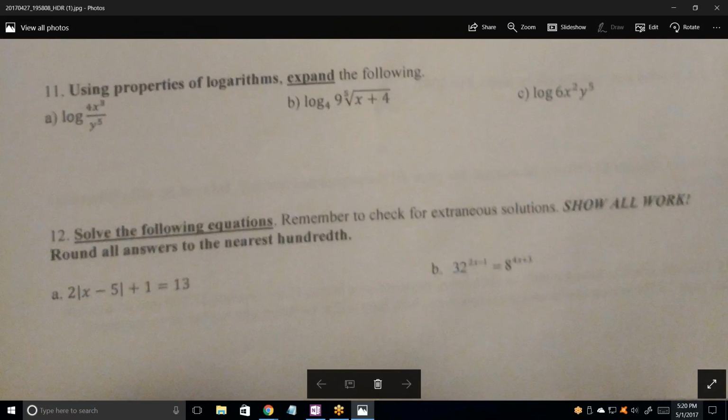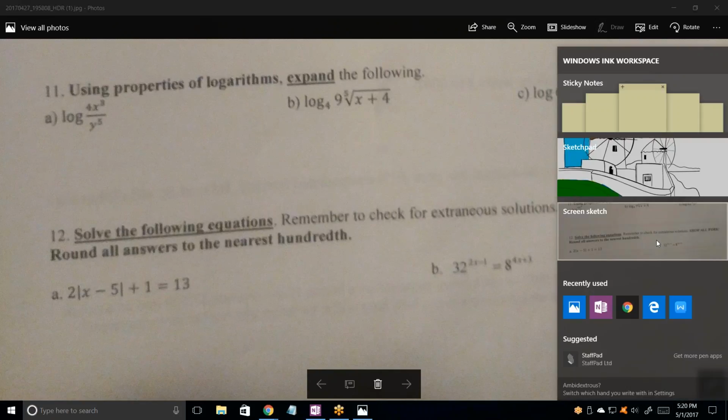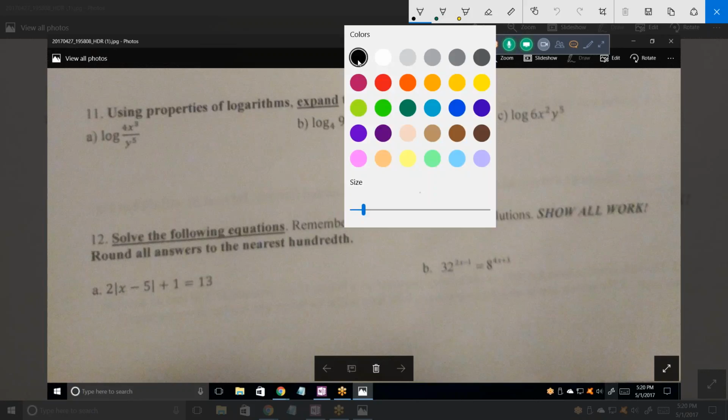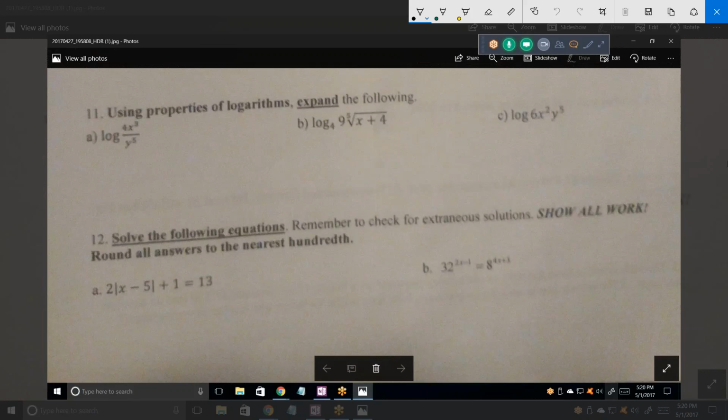On to logs. How are you with logs? I'm pretty good. Okay. Expand that first one for me. Log of 4 plus log of x to the third minus log of y to the fifth. I prefer it step by step.